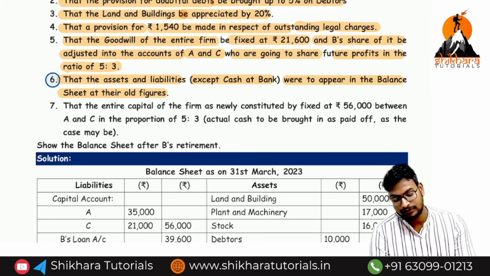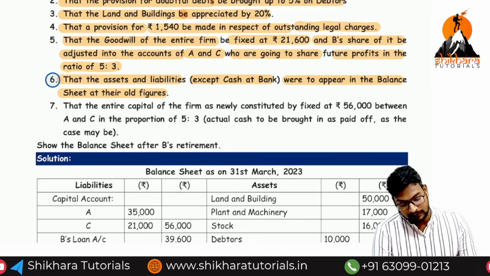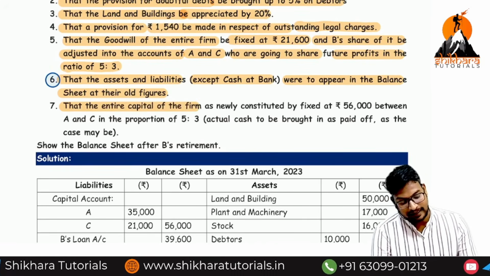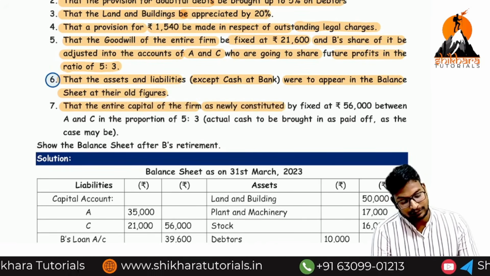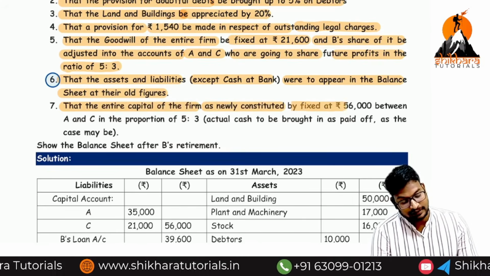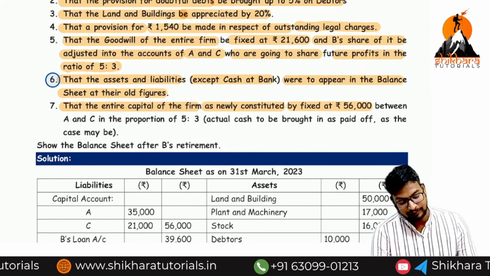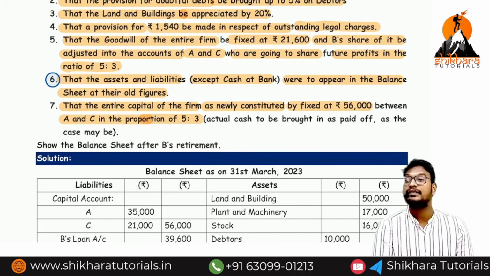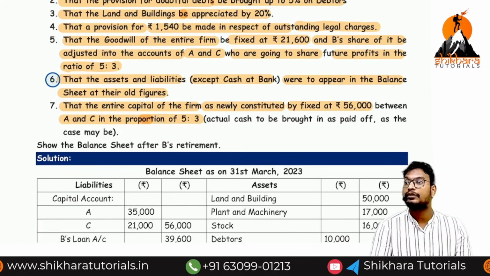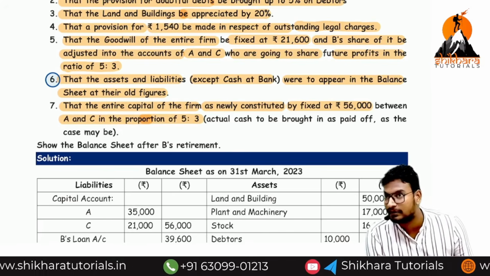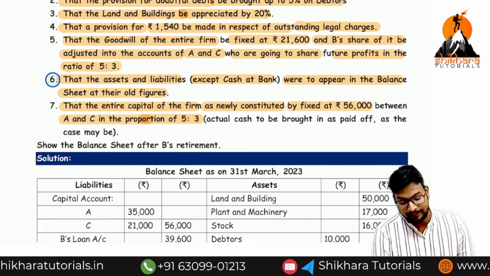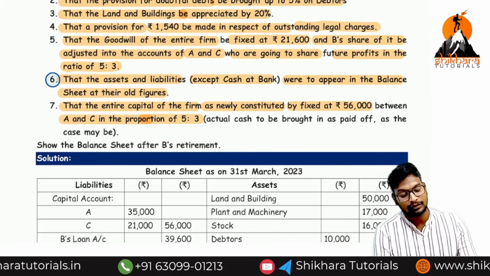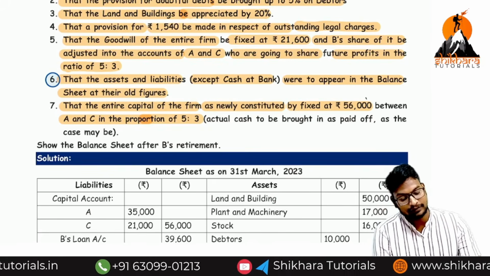Okay? Next, the entire capital of the newly constituted firm is fixed at how much? 56,000 between A and C in the proportion of 5:3. That means they have given the closing balance of capitals of A and C. What is the total capital they need to maintain? 56,000.